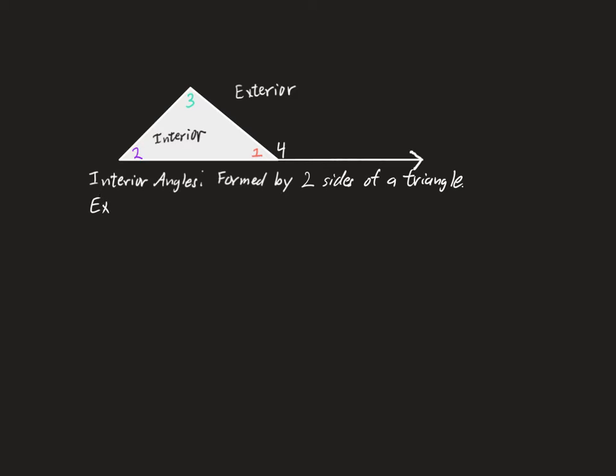Then the exterior angles, so they are formed by one side of the triangle, like this one here, and an extension of an adjacent side, going out this way here. So it'll be this side and the extension of this adjacent side.